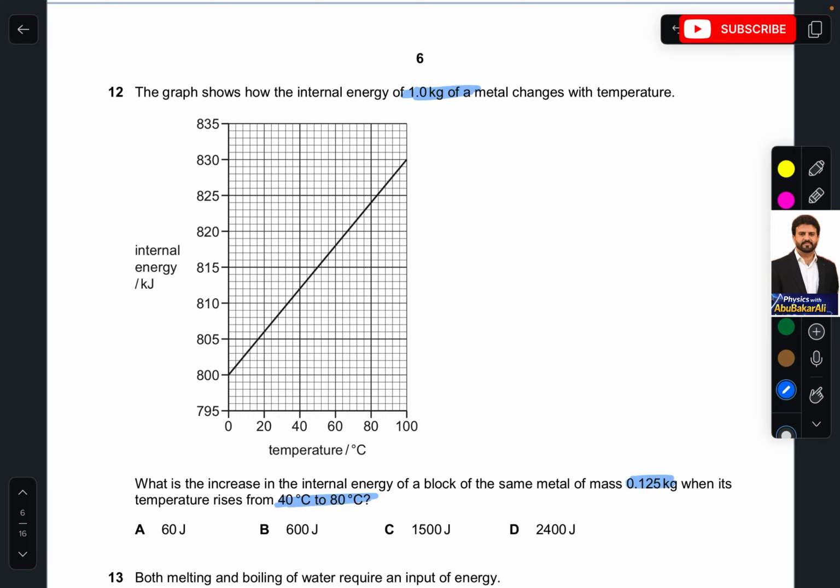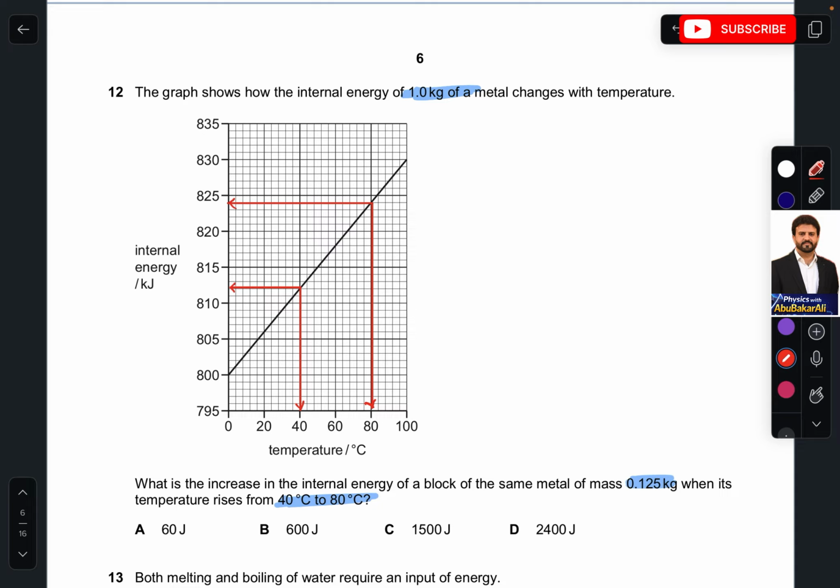Okay, so let's first check how much energy changes for 1 kg when it changes from 40 to 80. So it is at this point 40. And when you talk about 80 degrees Celsius, it comes here.